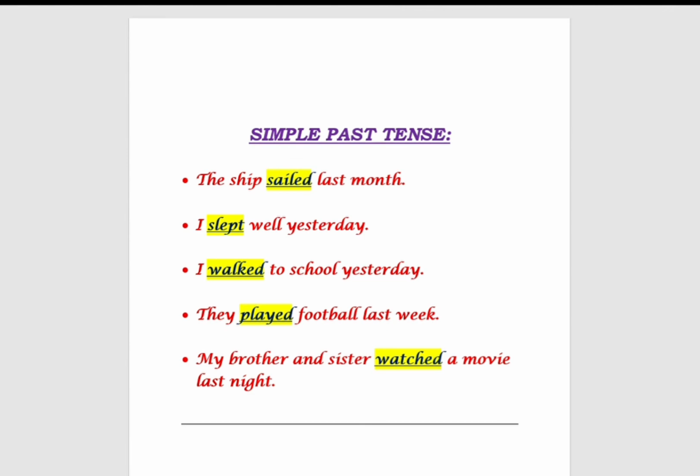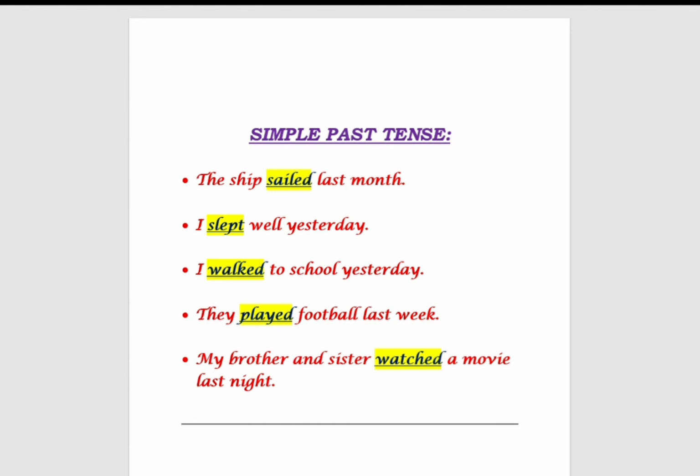What is common to the highlighted verbs and when did these actions happen? The first sentence, the ship sailed last month. I slept well yesterday. Then I walked to school yesterday. They played football last week. My brother and sister watched a movie last night.